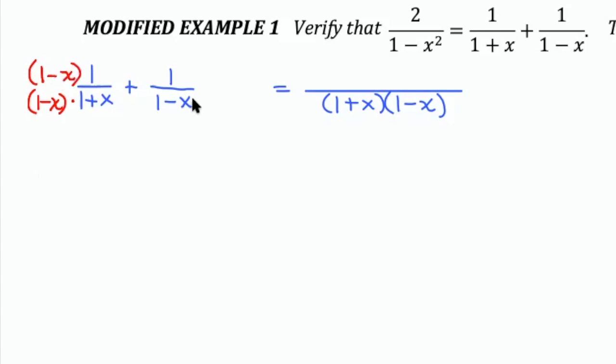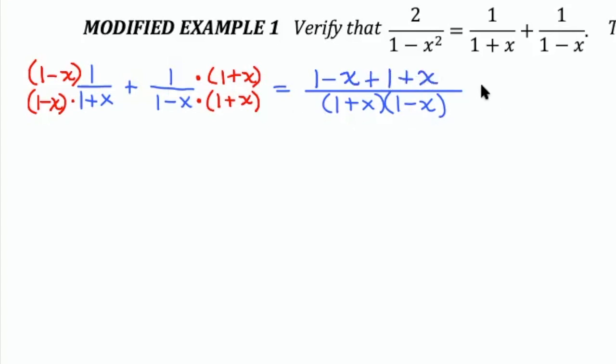The other fraction is missing the 1 plus x on the bottom. If I want to keep the fraction equivalent to the original, I'm going to need to multiply the numerator by that same factor. So 1 minus x times 1 is just going to be 1 minus x, plus 1 times 1 plus x is just going to be 1 plus x.